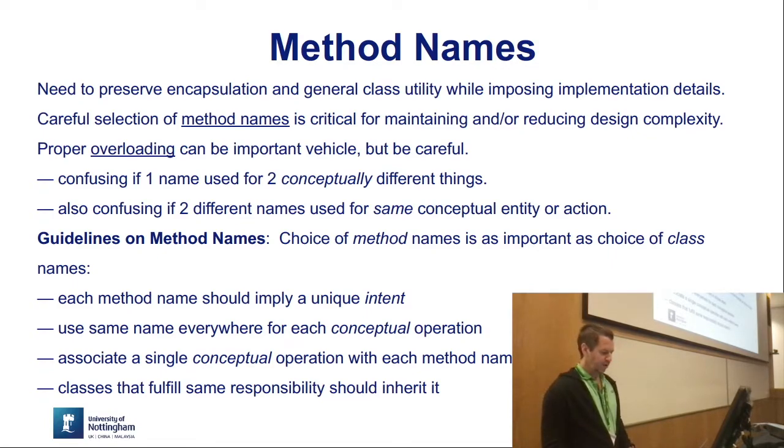So the choice of a method name is as important as the choice of class names. Each method name should imply a unique intent. There should also be something here about a verb, right? Each method name is a verb, right, as opposed to a noun, generally speaking.